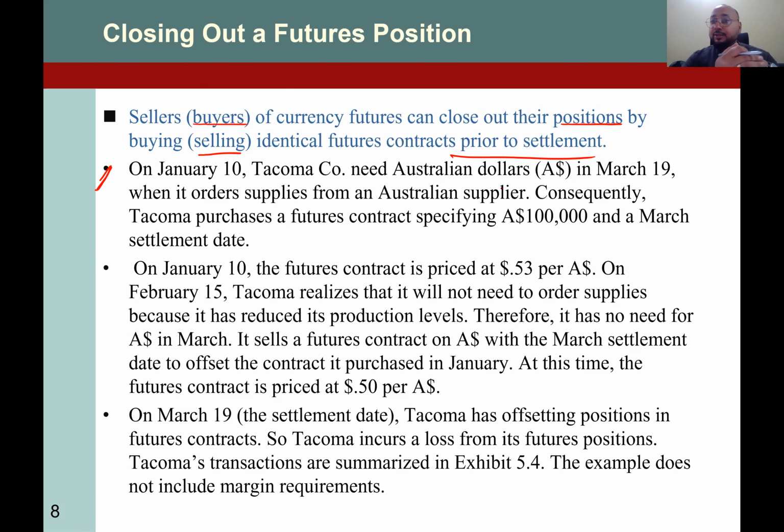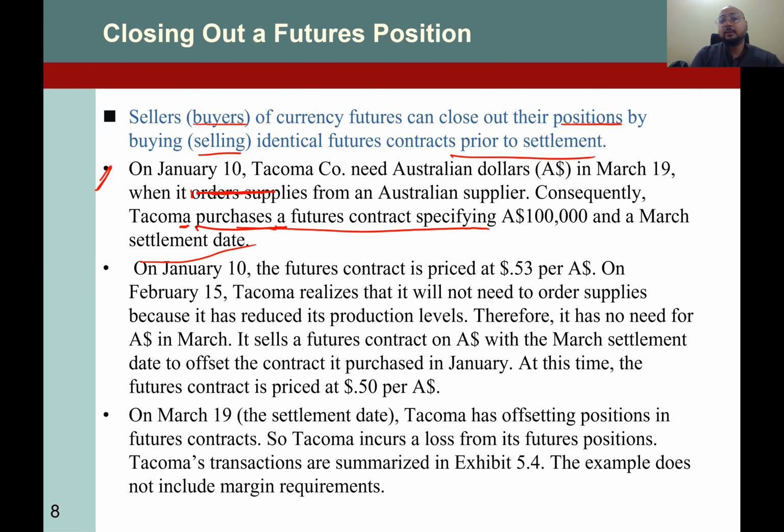But you are right now at January 10. Consequently, Tacoma purchases a future contract specifying 100,000 Australian dollar and a March settlement date, right? Because you are purchasing goods, your biggest risk is that the Australian dollar will go up. So that's why you purchase the future contract, right?